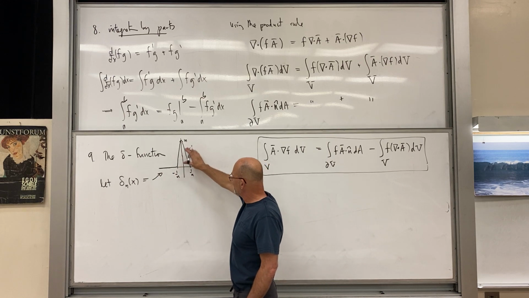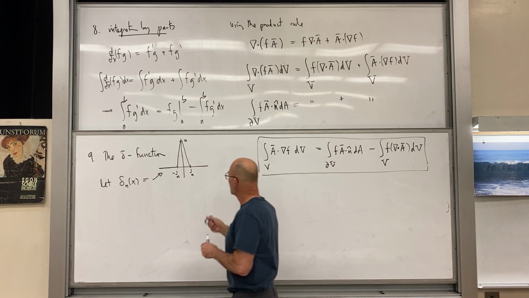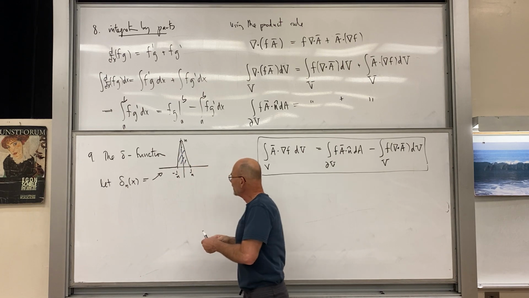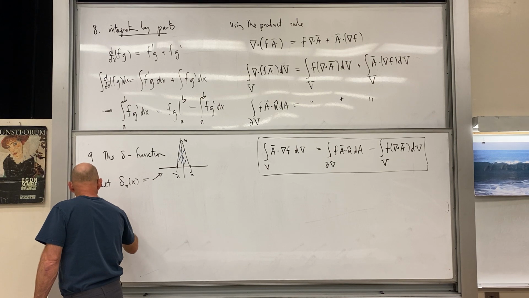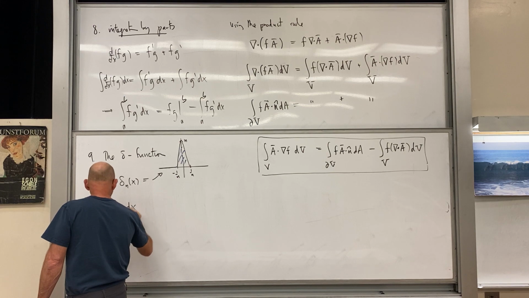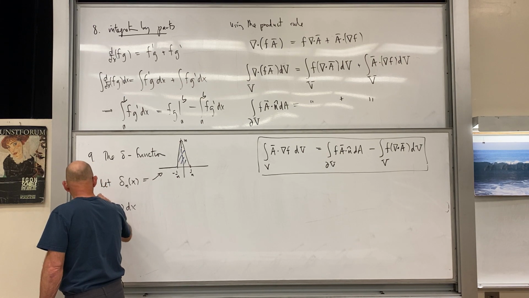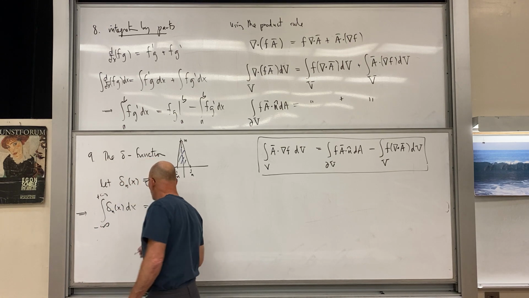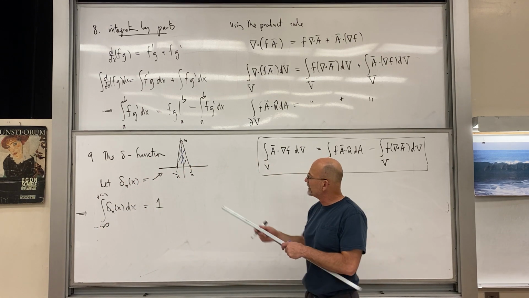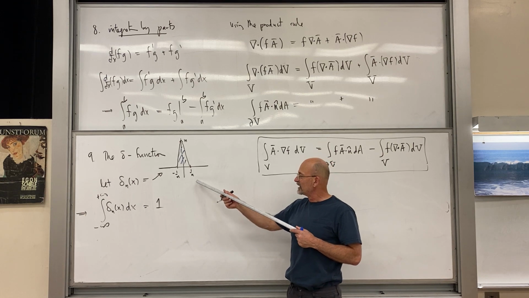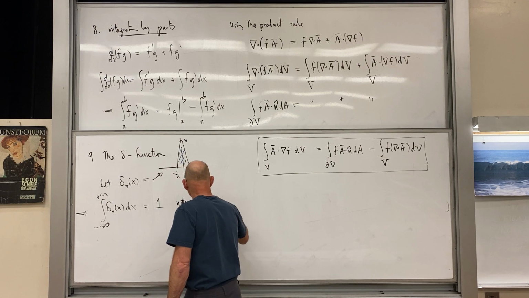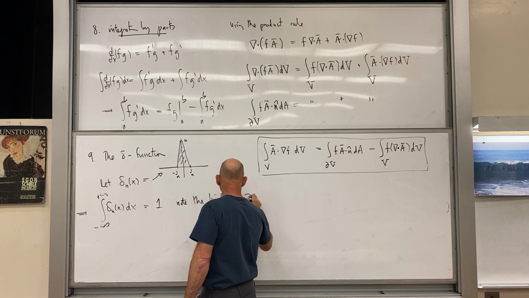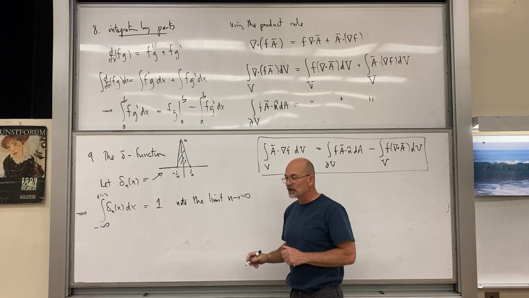So the area there under this spike, and then you integrate it, or you define the integral of delta n of x dx, from minus infinity to plus infinity, is equal to 1. And in particular, in the limit as n goes to infinity, it's equal to 1. So I'll just write, note the limit n goes to infinity.